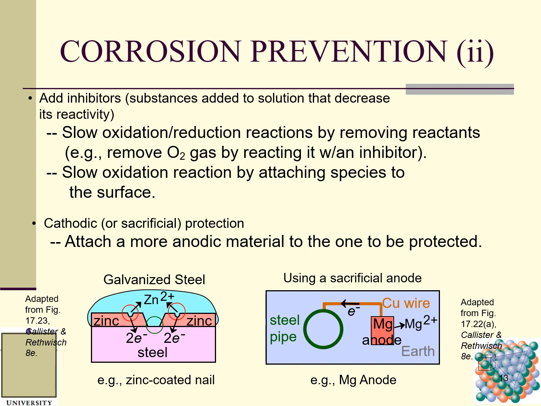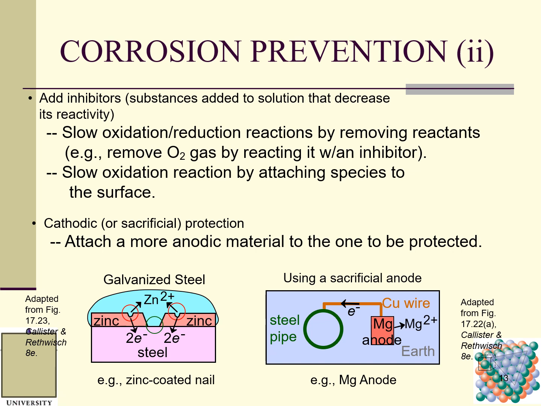For example, galvanized steel here: zinc, and this is steel, a zinc coated nail. Another example is using a sacrificial anode with a steel pipe. We don't want this steel pipe to corrode, so we want to use a sacrificial material. In this case, we use magnesium.